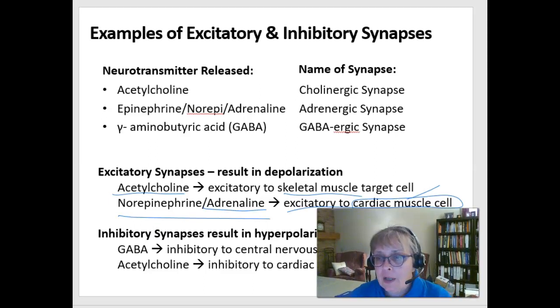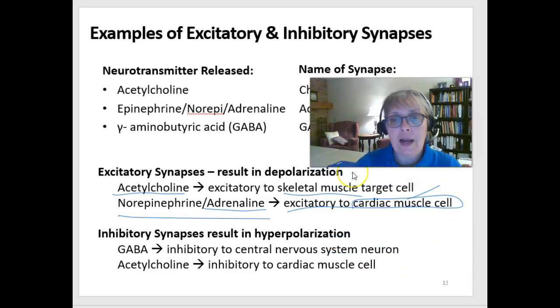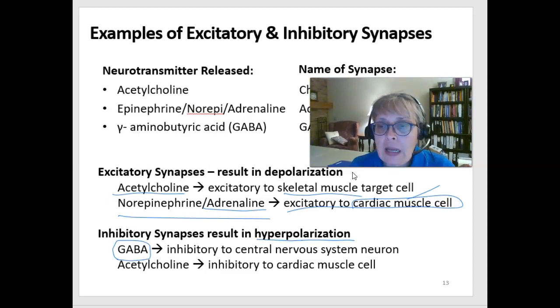Now there are some inhibitory synapses as well, and these inhibitory synapses use different neurotransmitters. One is GABA. GABA is always an inhibitory neurotransmitter, and it will cause hyperpolarization on its target cell, meaning lower than negative 70 millivolts.